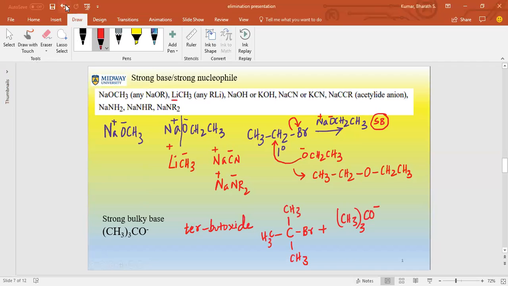It's a strong, bulky base or a strong, bulky nucleophile. Now, let me step back. This won't lead to an SN2. Remember, I'm going to give you the flowchart which will help you remember all this. This is a tertiary carbon substrate, and it reacts with a strong, bulky base or bulky nucleophile. That means it would almost be guaranteed to have only an E2.